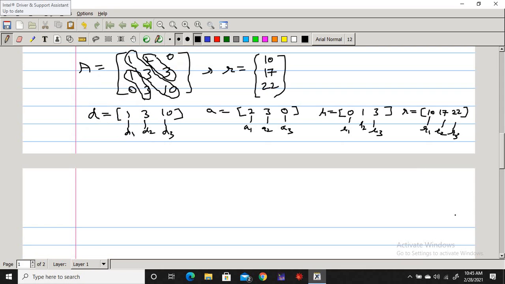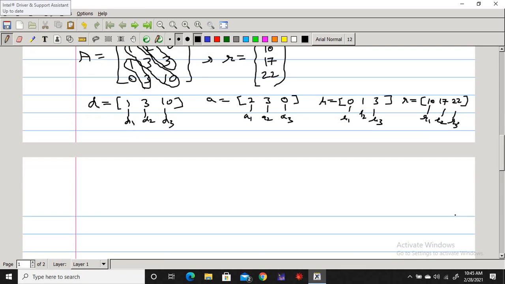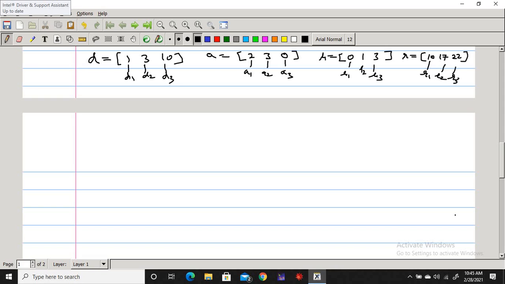So keeping them in mind, let's use the algorithm we have discussed. In step 1 we will calculate new A1 and new R1. So what is going to be A1? A1 is going to be A1 upon D1, and D1 is given as 1, and A1 is given as 2.